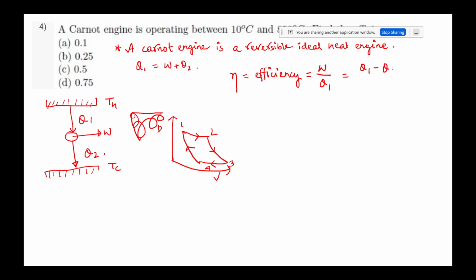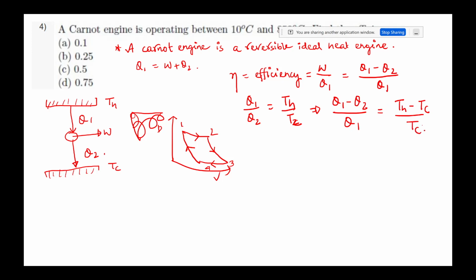W is Q1 minus Q2, so it is Q1 minus Q2 by Q1. And from this cycle you get to know that Q1 by Q2 is T1 by T2, so here it will be TH by TC. So Q1 minus Q2 by Q1 will be TH minus TC divided by TC, right?